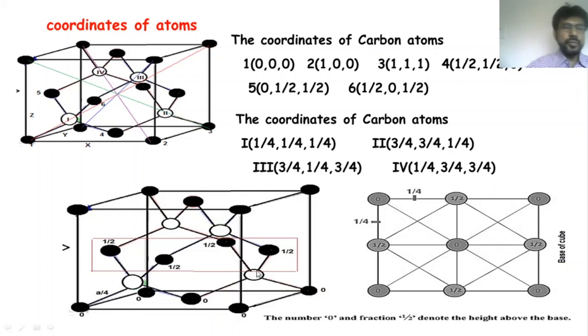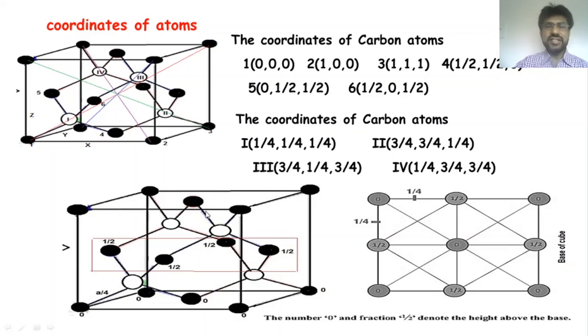Now then see here, in this unit cell, if we consider this is the top view. So what will happen here? These are the body diagonals, these are the corner atoms and these are the 4 face centered atoms here. So the coordinates of the corner atoms are 0 here like this.